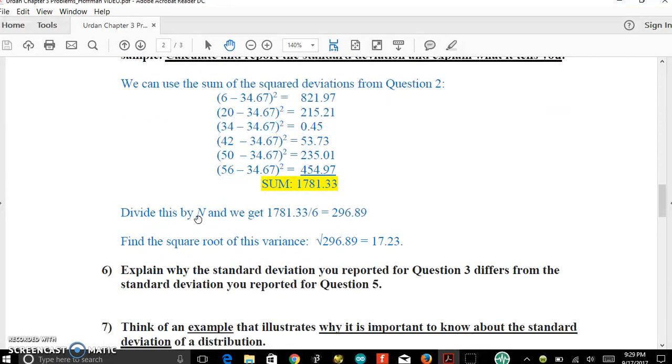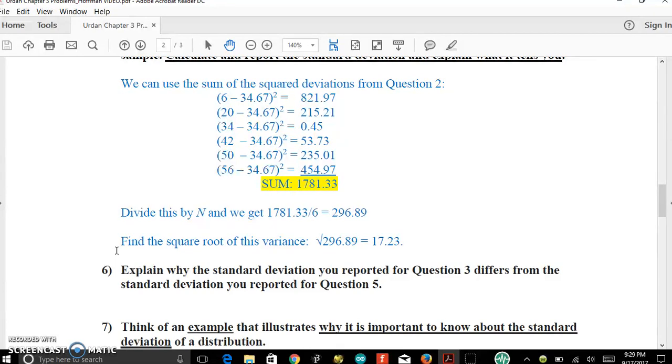We divide this by n, or the number of cases in the population, and we get 1781.33 divided by 6 equals 296.89.